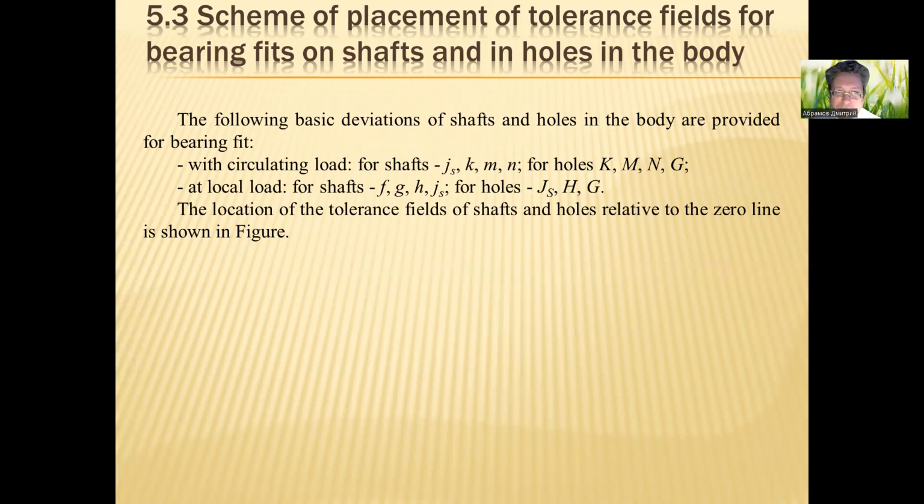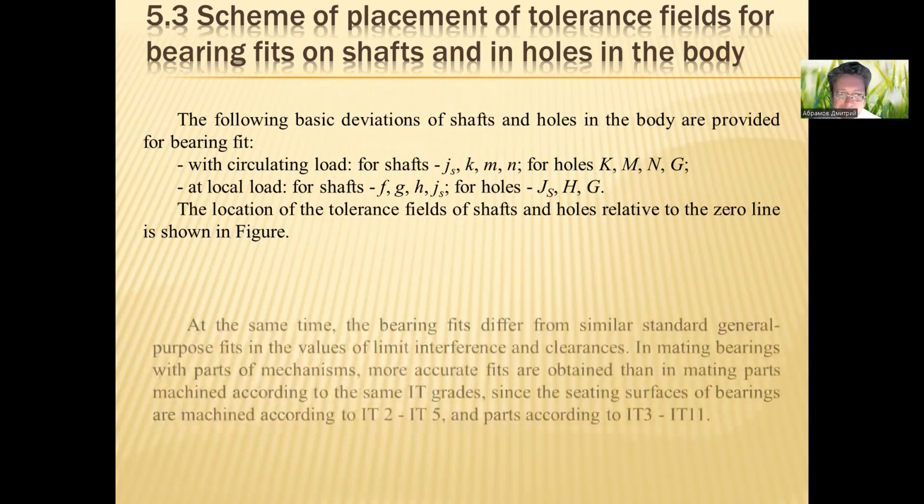With circulating load, for shafts JS, K, M, N, for holes big K, M, N, G. At local load, for shafts F, G, H, J suffix S. For holes J, big J, S, H, and G. The location of the tolerance fields of shafts and holes relative to the zero line is shown on the figure.